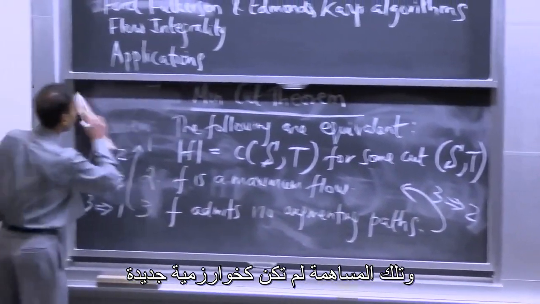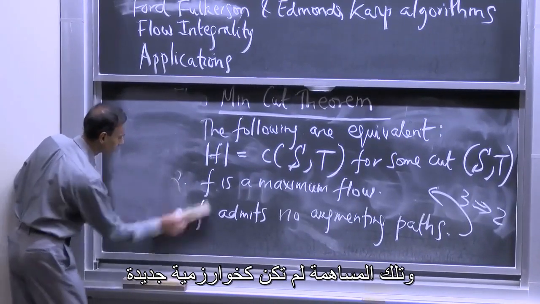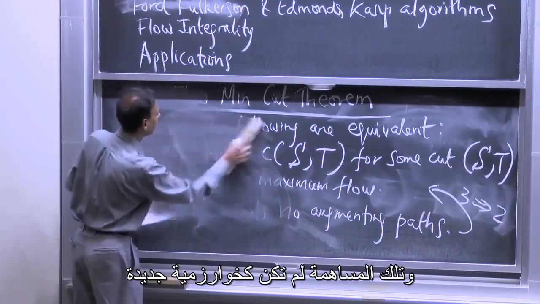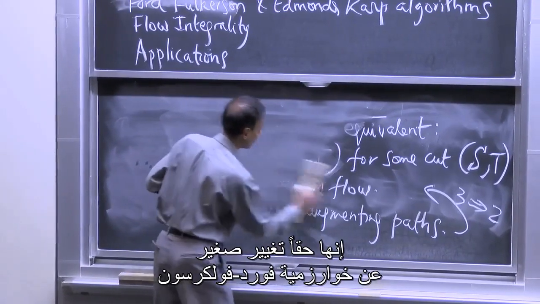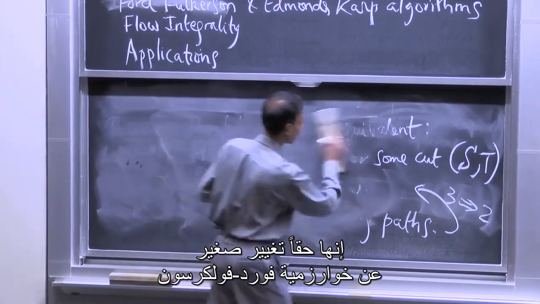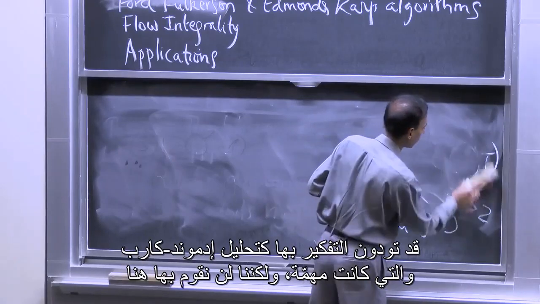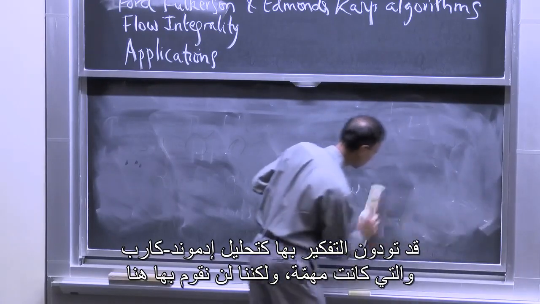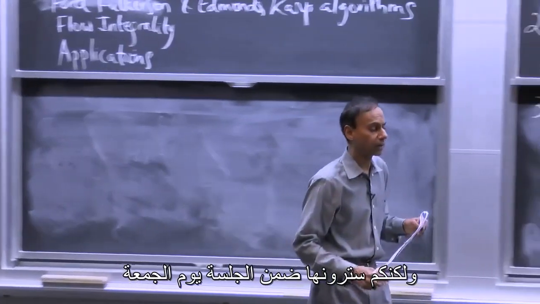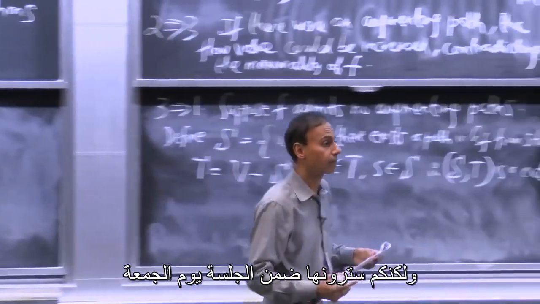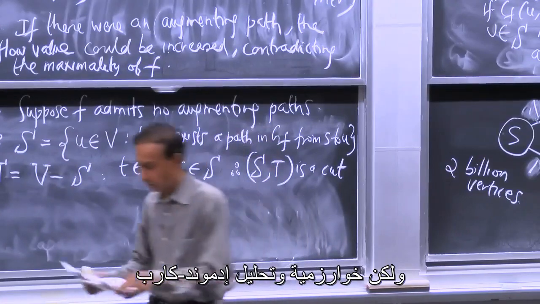And their contribution was not as much a new algorithm, though it is called the Edmonds-Karp algorithm. It's really a small change to Ford-Fulkerson. You might want to think about it as the Edmonds-Karp analysis, which was kind of important. And we're not going to do that here, but you'll see it in section on Friday.